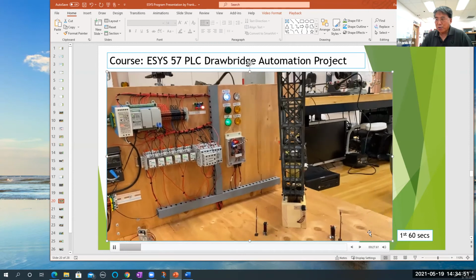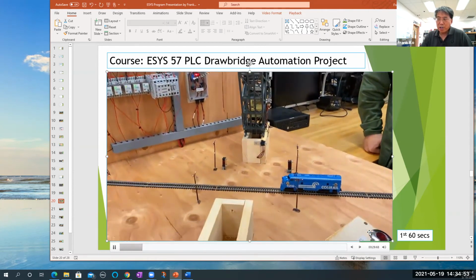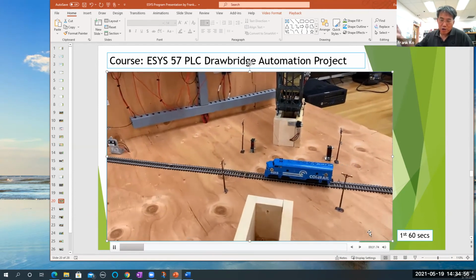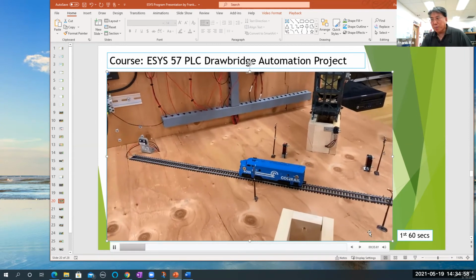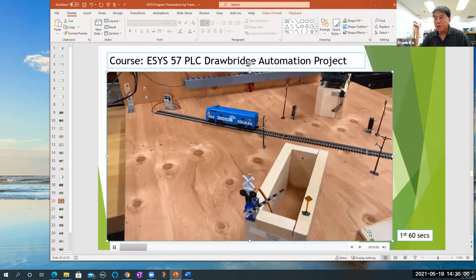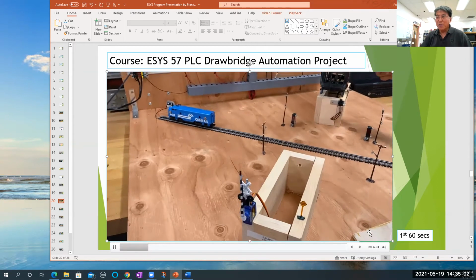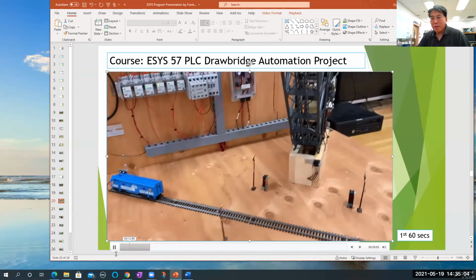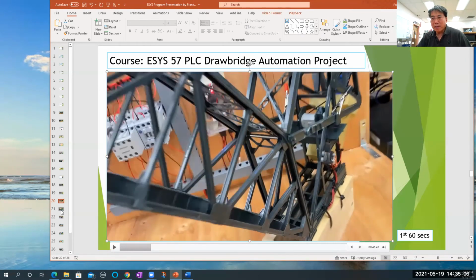The drawbridge goes all the way up, and once it's in the appropriate elevated position, the train moves on. Once it passes the second sensor, then the bridge will come back down. I love it. It's great.